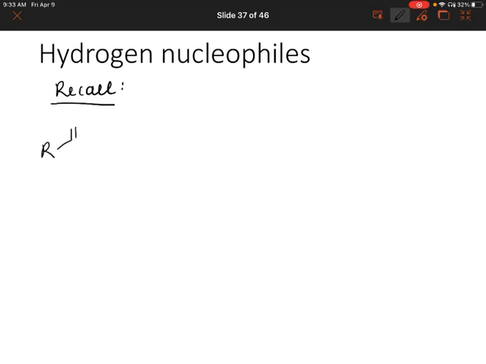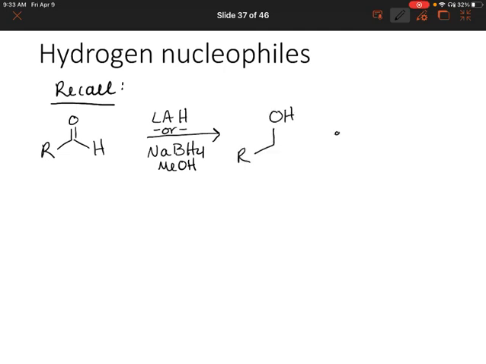But remember, if you have an aldehyde, you can use lithium aluminum hydride or sodium borohydride with an alcohol. And the hydride acts as a nucleophile, which then reduces the aldehyde into a primary alcohol. Same thing for ketones.